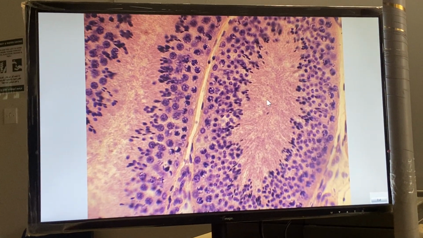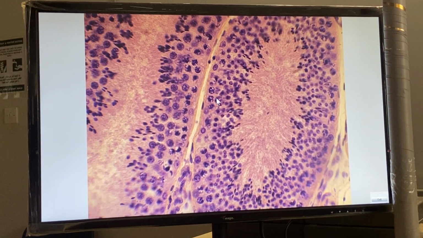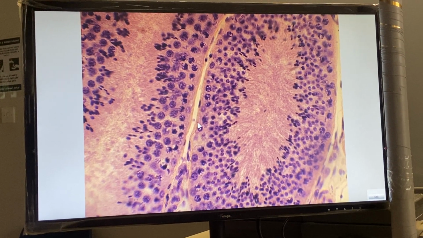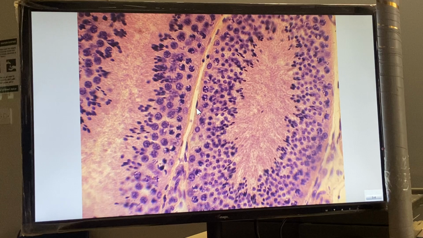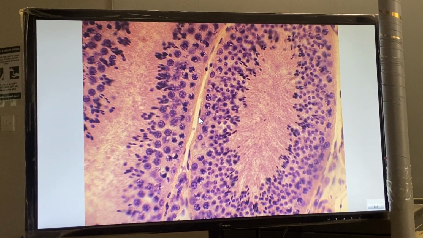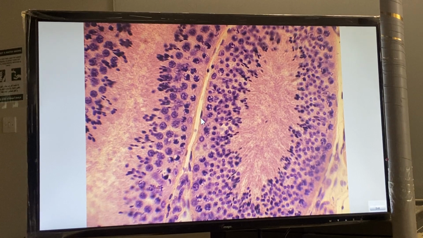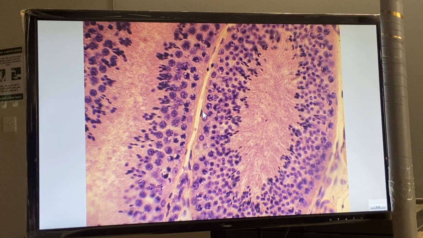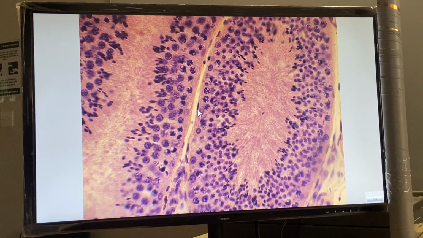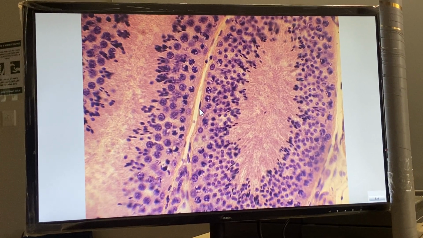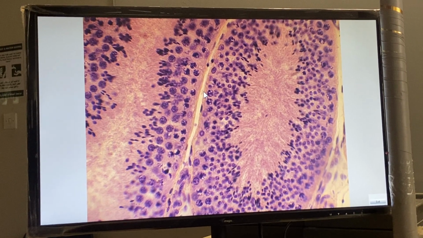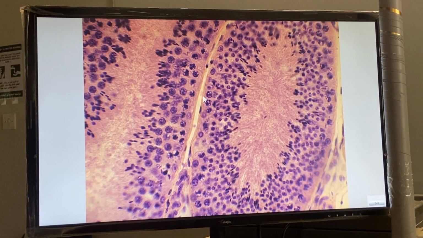This structure is seminiferous tubule. This is the basement membrane of seminiferous tubule, the inner layer of the basement membrane. Within this layer, we can see a smooth muscle-like cell called myoid cell. This is the nucleus of myoid cell. Nucleus of myoid cell found in the inner layer of the basal lamina surrounding the seminiferous tubule.